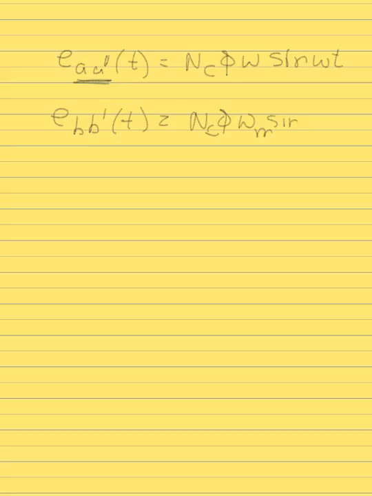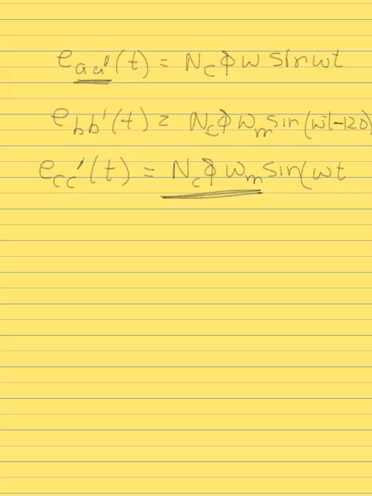The only difference will be in the phase. There will be a phase shift of 120 degrees. For phase B we say it's negative 120, so this gives us the positive phase sequence for the voltage. And the third phase is phase C, for which again the amplitude remains the same, and the phase will be omega t minus 240, or the same thing, you can write omega t plus 120, one and the same thing.